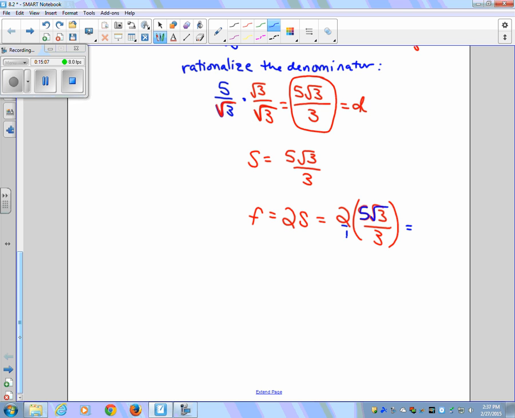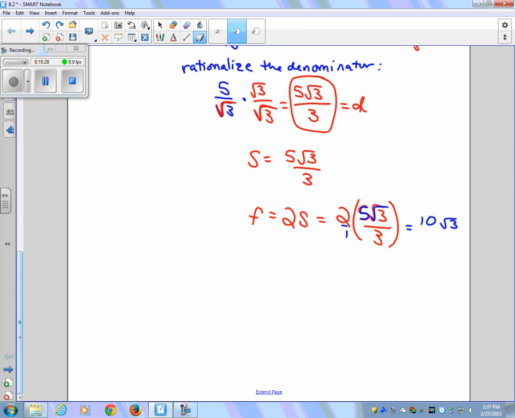This square root acts kind of like a variable. Think of it as if you were doing 2 times 5x. 2 times 5x is 10x. Same thing with 2 times 5 root 3. It's 10, keep the root 3 the way it is, same way we kept x the way it was.